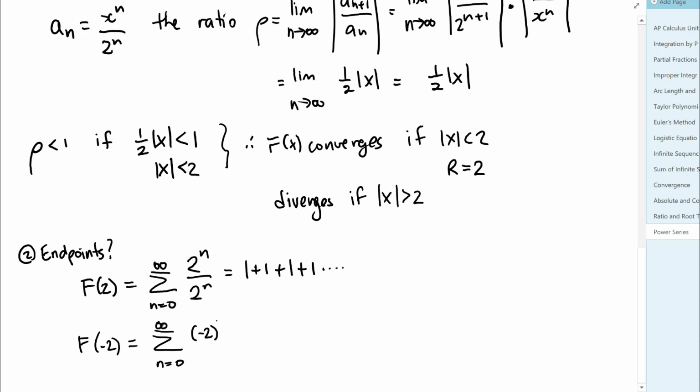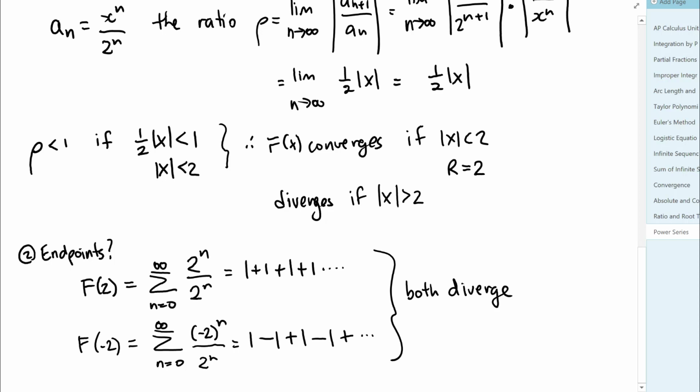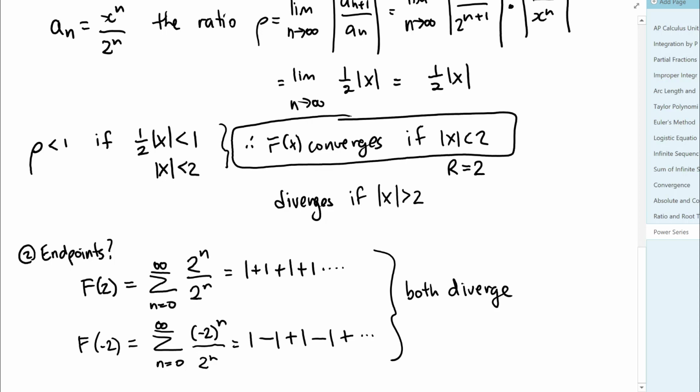Well, we get (negative 2) to the n over 2 to the n, which is 1 minus 1 plus 1 minus 1, and so on. Both of these diverge. They do not converge to a single number. And so our function only converges if it is strictly less than 2 distance away from 0.